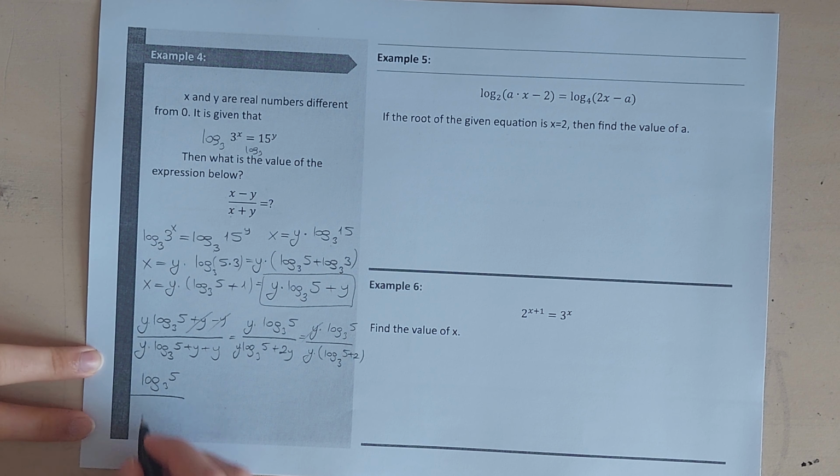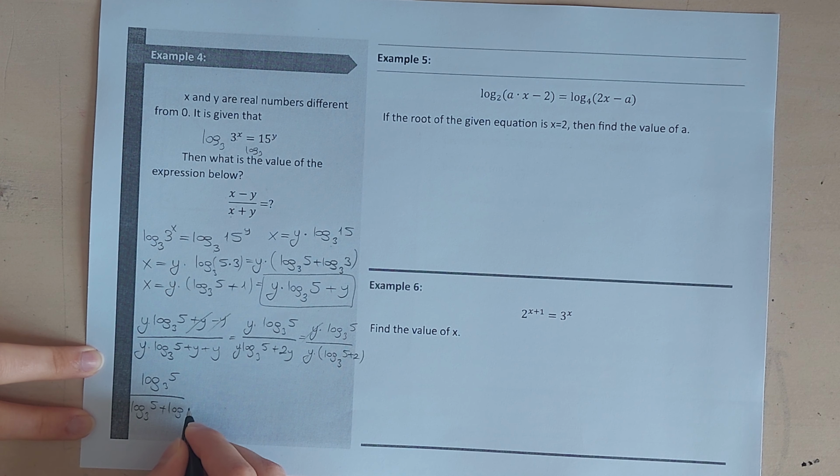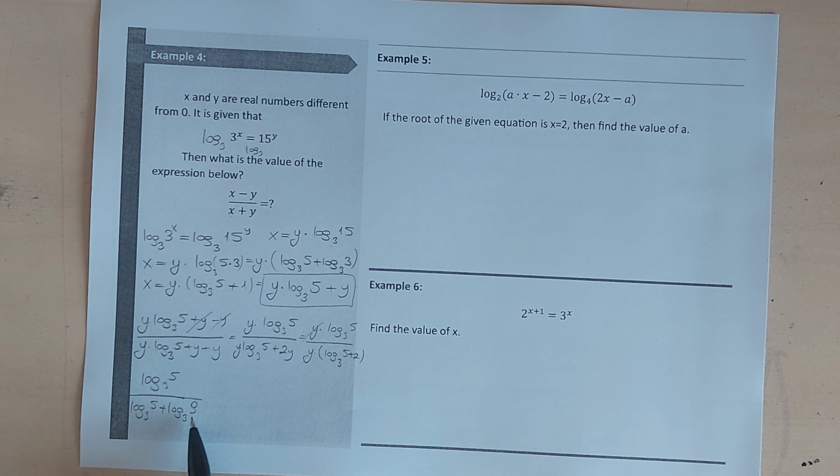But I will not just write plus 2, I will write logarithm of 5 to the base of 3 plus logarithm of 9 to the base of 3. These are equal to each other because 9 is 3 to the power of 2. This 2 becomes logarithm of 9 to the base of 3.